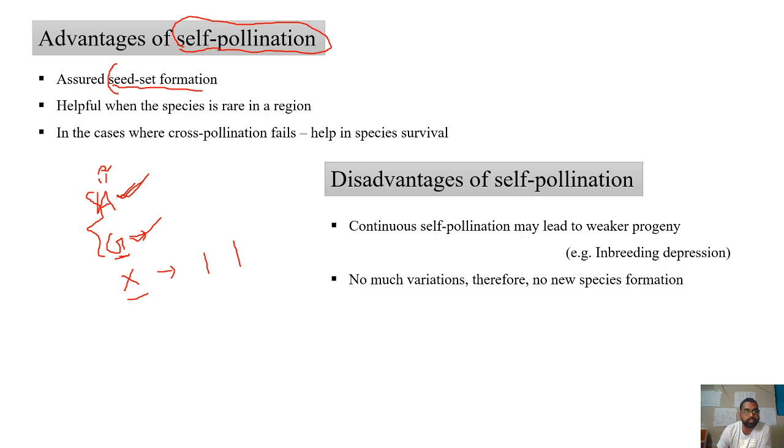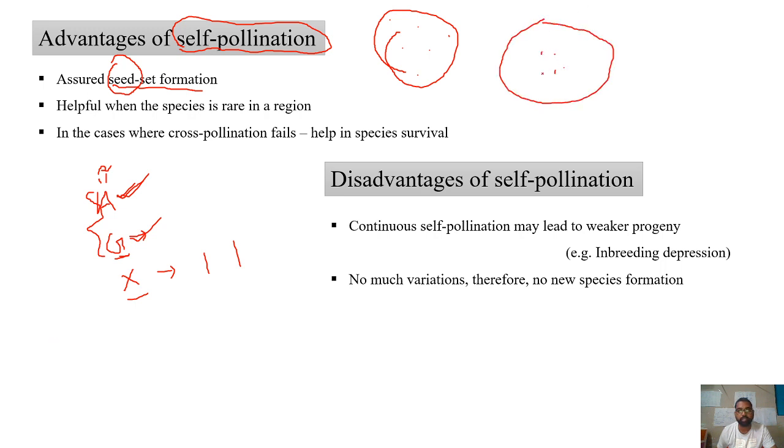Assured seed set means formation of seeds is guaranteed because of guaranteed pollination and fertilization, and it can help in the species which are rarely distributed. When I look into the geographical distribution of a particular species, the plants are distributed like this. And in the other case, let me take the plants distributed like this.